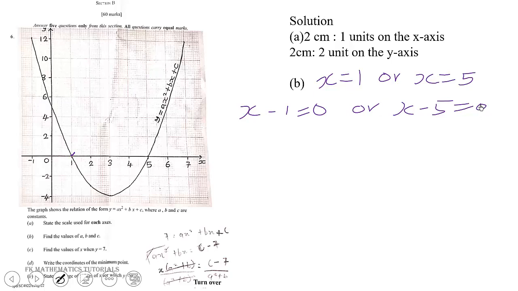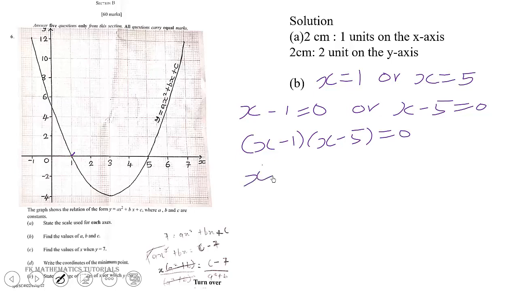Before this stage, you multiplied them in brackets like this: x minus 1 into x minus 5 is equal to 0. Now before you got this, it was in 4 terms. So we expand to get our 4 terms.